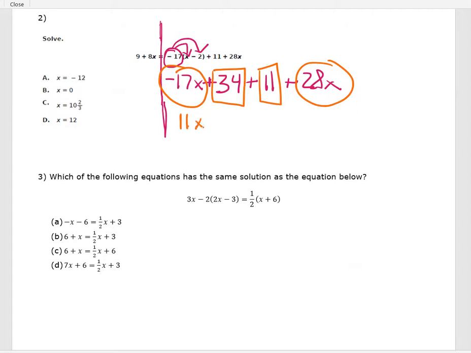So I have 11x plus, and then 34 plus 11 is going to be 45, is equal to 9 plus 8x.